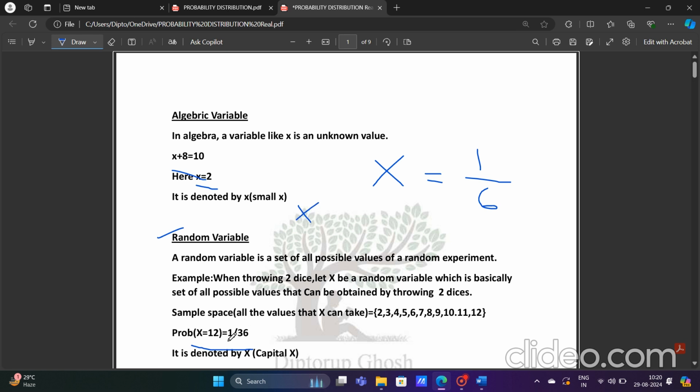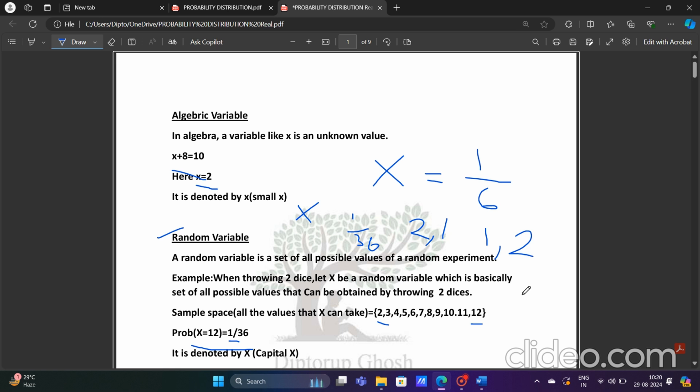Now x can be 1 by 36 if we talk about the probability of getting a 12. If we talk about the probability of getting 2, in that case also x can be 1 by 36. But if I talk about the probability of getting 3, then 3 can be found in 2 ways. The first die gives us 2 and the second die gives us 1, or otherwise the first die gives us 1 and the second die gives us 2.